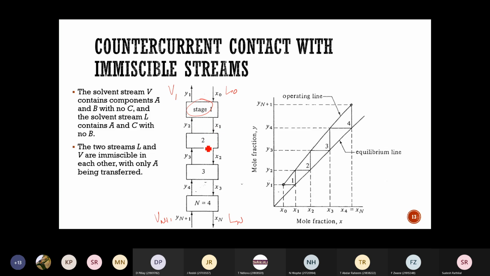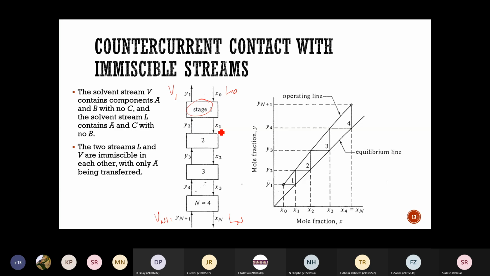If I go to stage 2, same story. What's leaving stage 2? You've got V2 and X2. Leaving stage 2 is V2 and X2. What's on the same side? So you talk about stage 2.